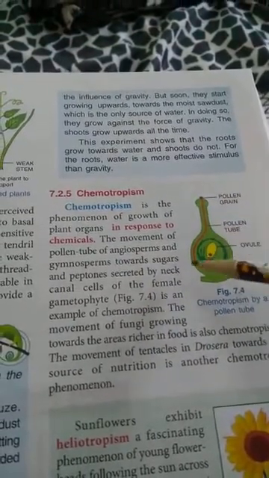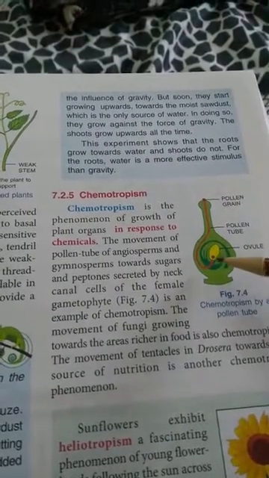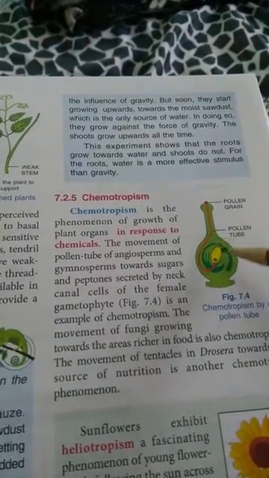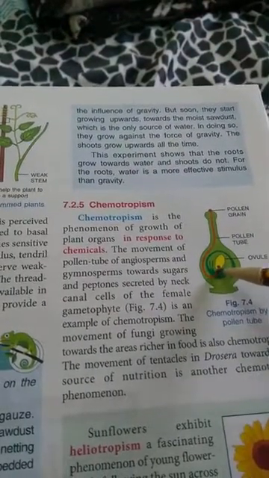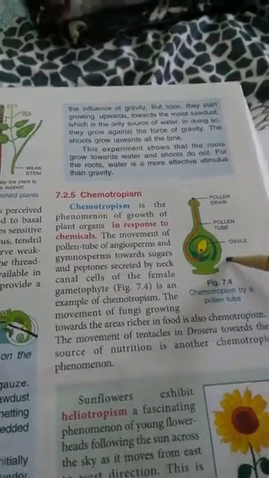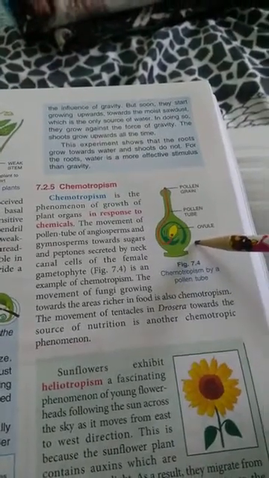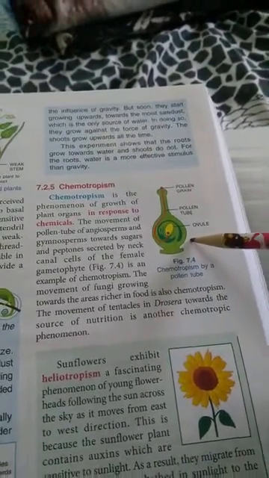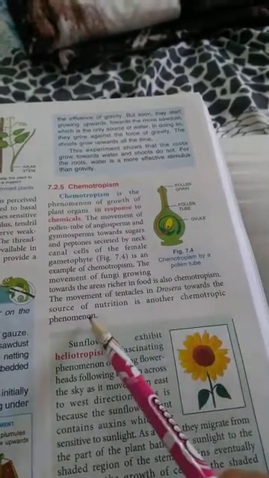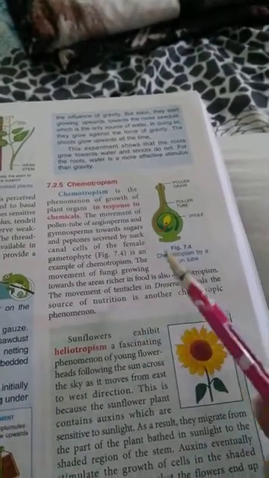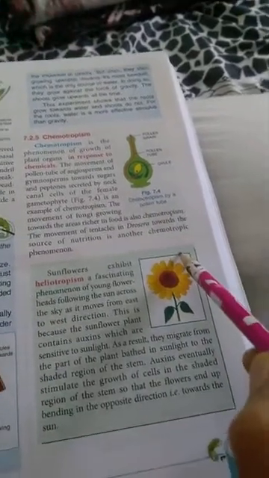This is because some chemicals are released that direct the movement of the pollen tube towards the ovule. So this type of movement is known as chemotropism. The movement of tentacles in Drosera towards the source of nutrition is also an example of chemotropism.